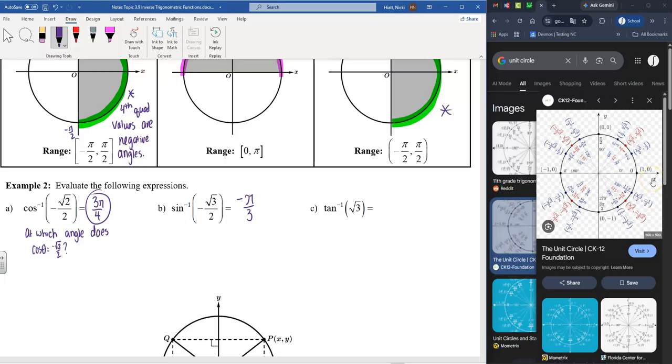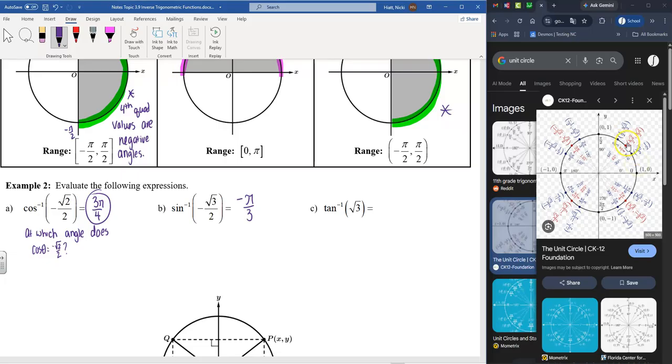How can we tell it needs to be first? We've got a positive slope right there, square root of 3, right? So since we're getting a positive number, that's not going to happen in our fourth quadrant, right? The slope of all these lines is negative. If we're thinking of doing y over x, we're going to do a negative over a positive. That will give us a negative. So it's got to be first quadrant.